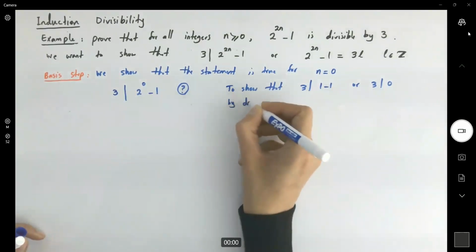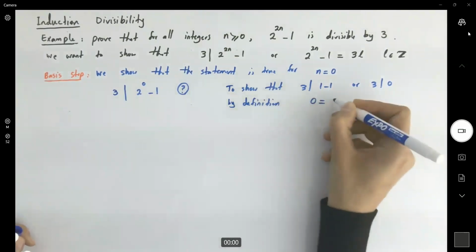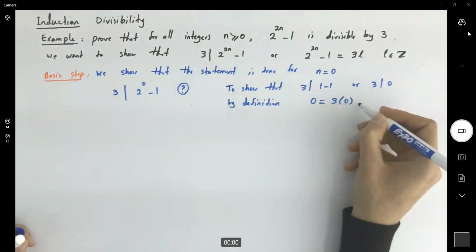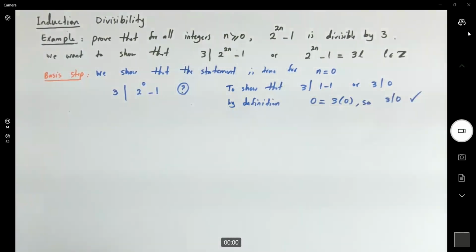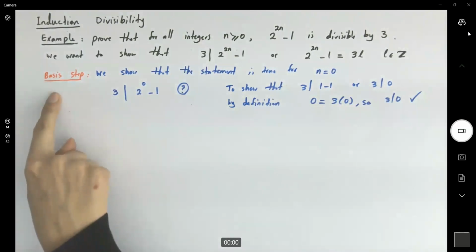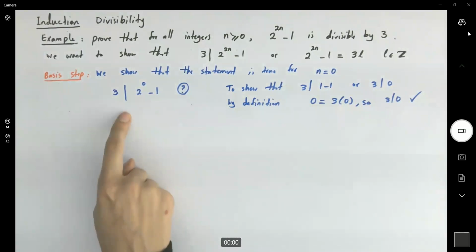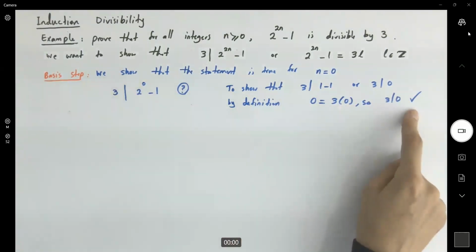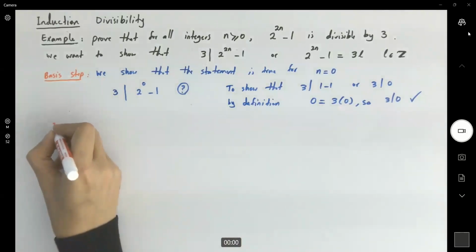By definition, 0 can be written as 3 times 0. We already know that. So 3 divides 0. We're good with the basis step. We just showed that 3 divides 2 to power 0 minus 1. Check.